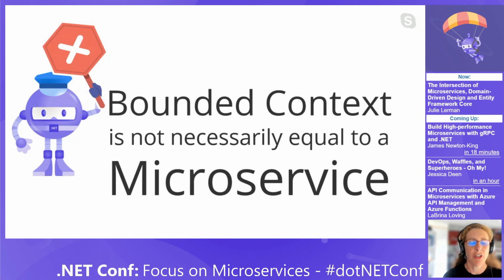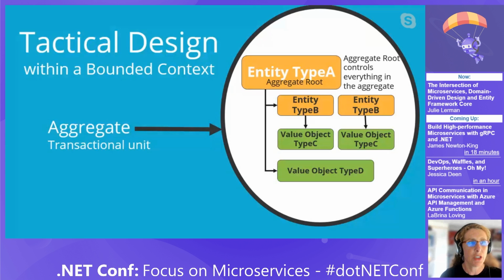You might have a number of microservices within a defined bounded context, or for some strange reason, the other way around. So there's a lot of good information out there about that. I just want to get that into your head so that you don't make that leap, because a lot of people do.